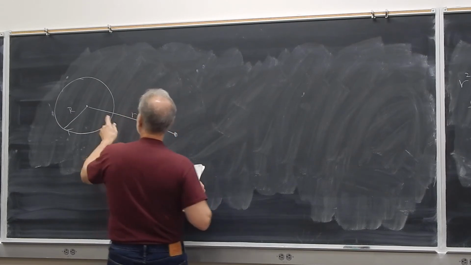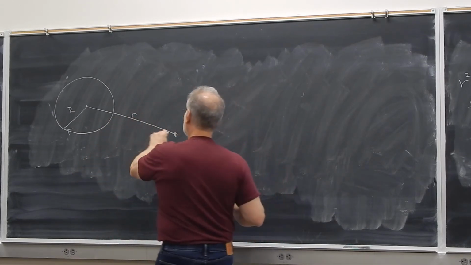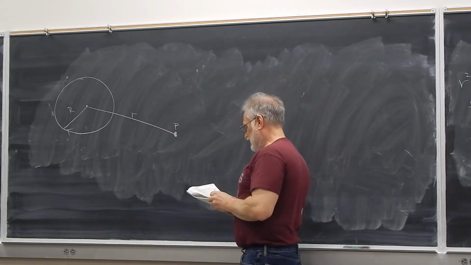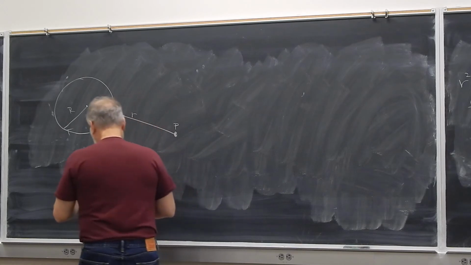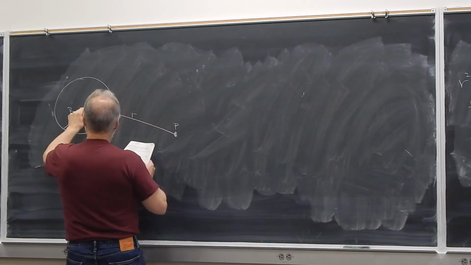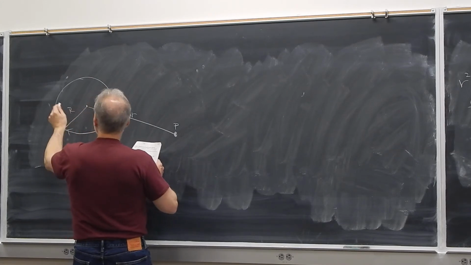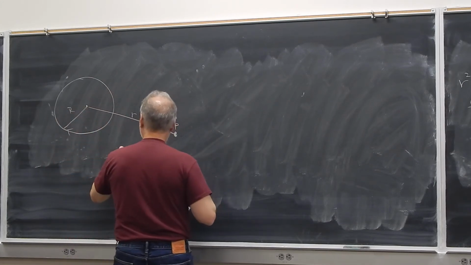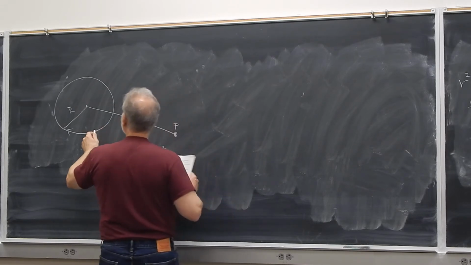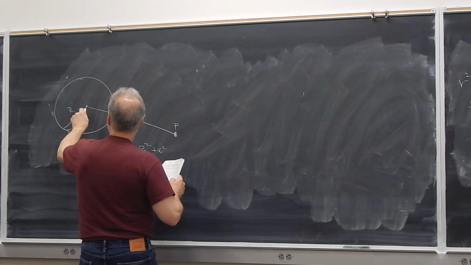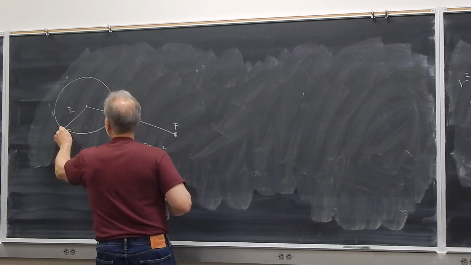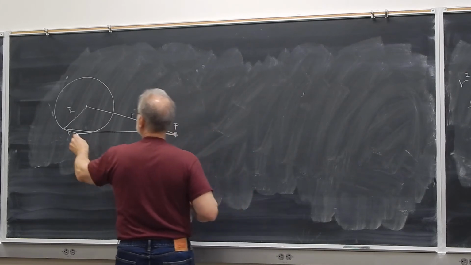Okay, so little r is going from the center of the loop out to this point P where I would like to measure the magnetic field. R I could write in this case as the square root of r squared plus x squared, where x is the perpendicular distance from P to the circle.